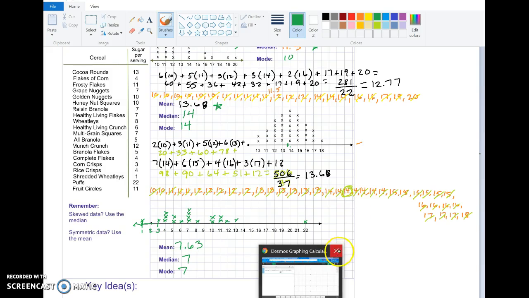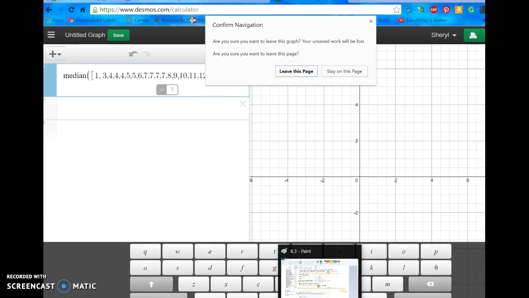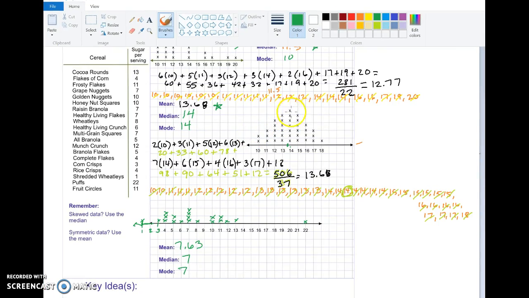Remember when we did a symmetrical version, our means and medians and modes were all very close. And in this one, they're pretty close as well. But there's one thing that extends this, that makes this 7.63 be higher than the 7, and that's this thing right here, that 22. That's called an outlier.